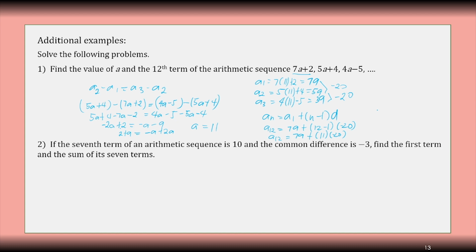So, magiging sagot is A sub 12 is equals to 79 plus negative 220. So, pag pinagsama natin yan, ang magiging sagot natin dito is, A sub 12 natin is negative 141.